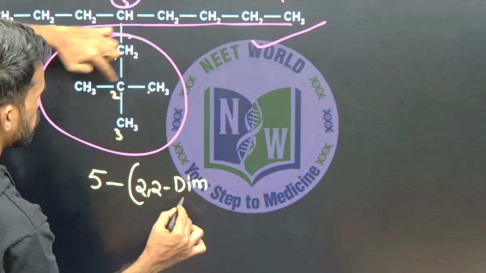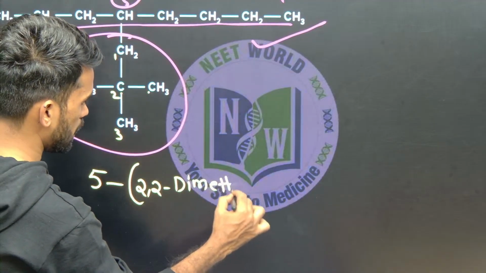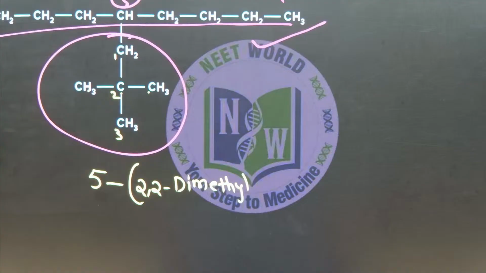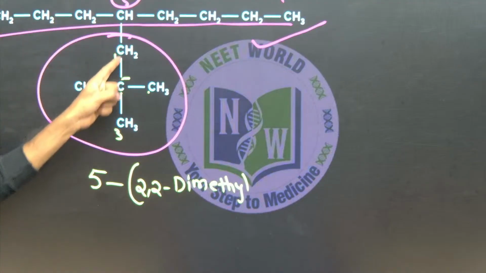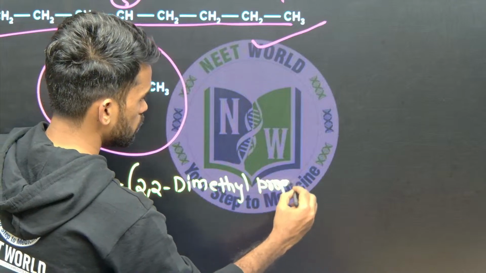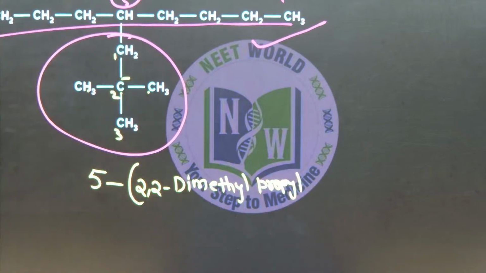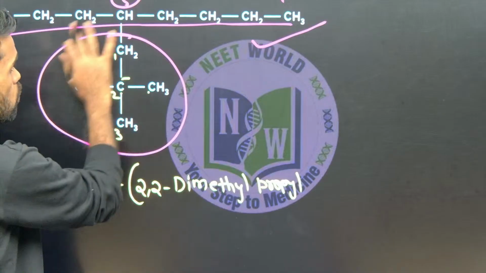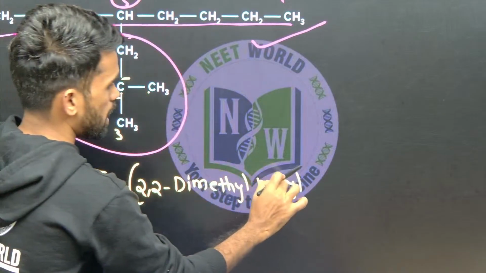At second position 2 methyls are there, 2,2-dimethyl, and this is the propyl now, 1, 2, 3. So propyl. After this 2,2-dimethylpropyl, everything is over here. Close the bracket here, that's it.